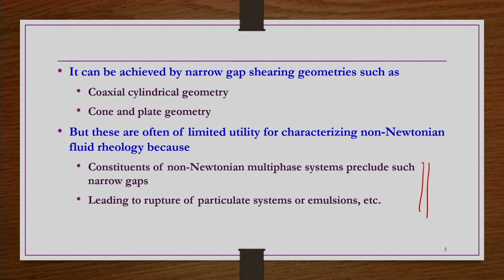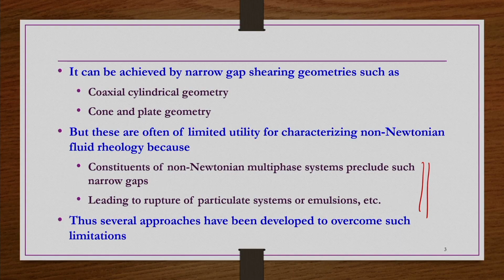We are going to see those things anyway, but this is one of the problems of narrow gap shearing geometries if you are using them for measuring the rheology of non-Newtonian fluids. But several approaches have been developed to overcome such limitations also, and we are going to see them in detail one after the other in the coming couple of lectures.